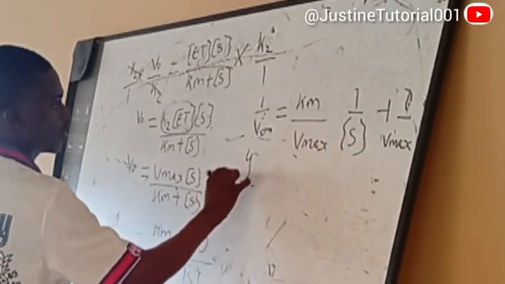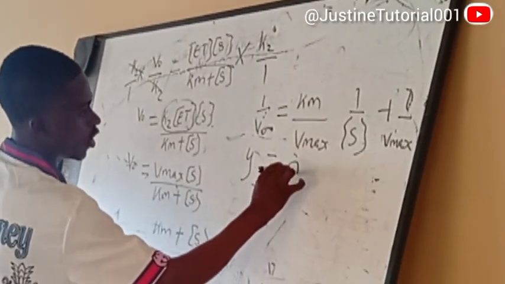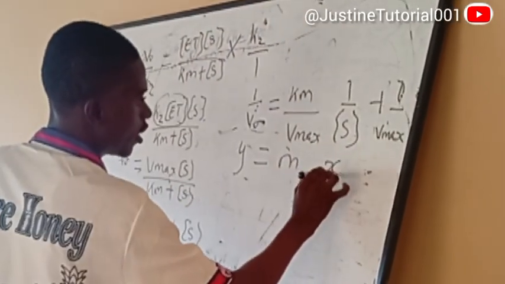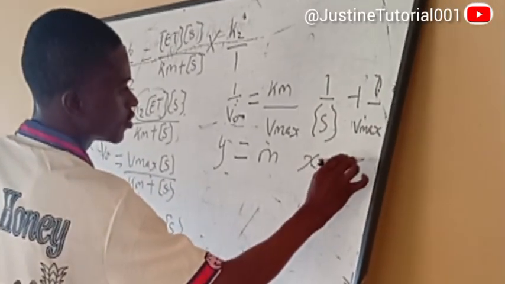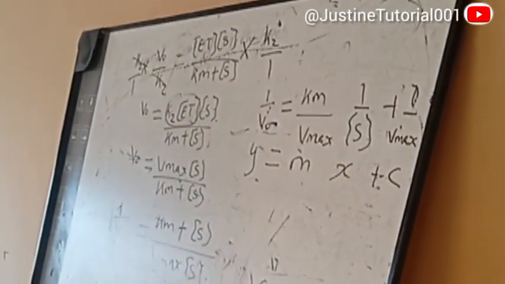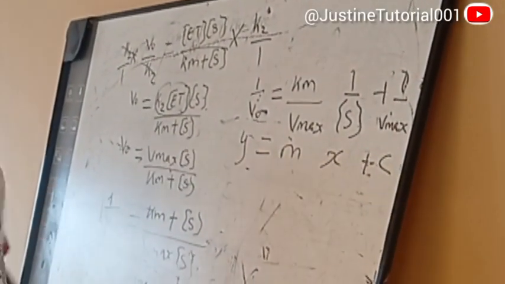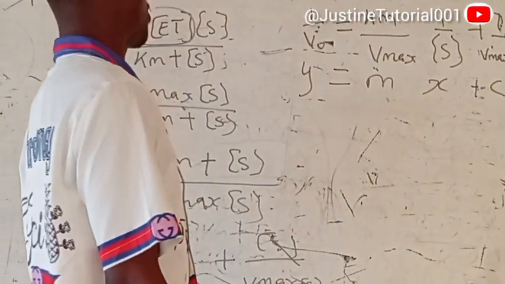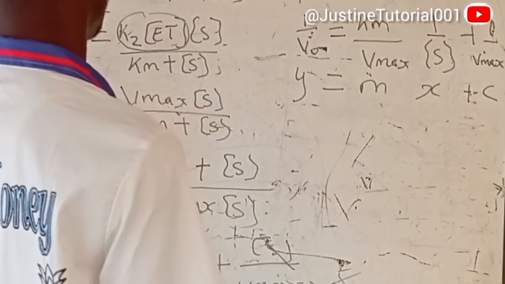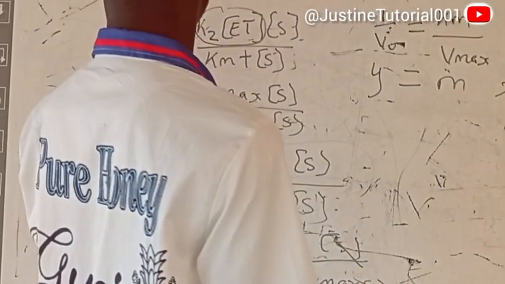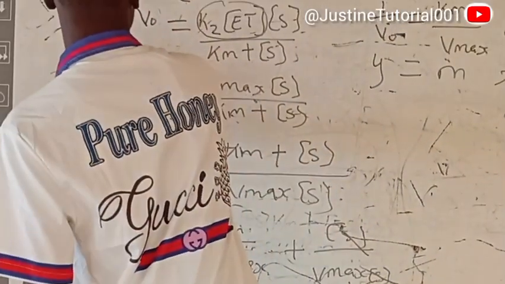And this becomes your Y equals MX plus C. So this is how we got to the Lineweaver-Burk plot.